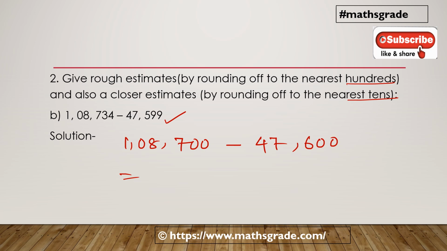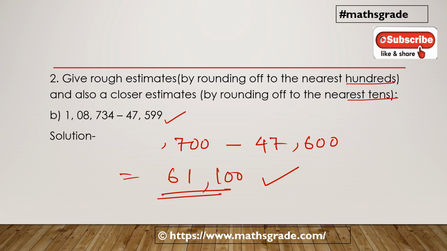And 700 minus 600 is 100, and 8 minus 7 is 1, 10 minus 4 is 6, that is 61,100. This is the answer of estimating the difference by rounding off to the nearest hundred.